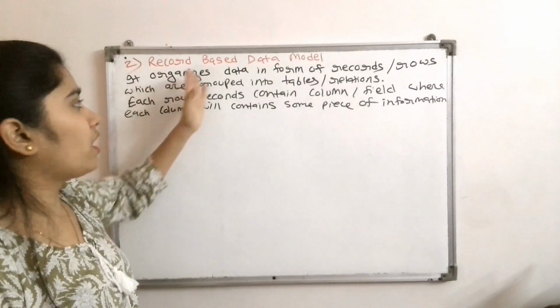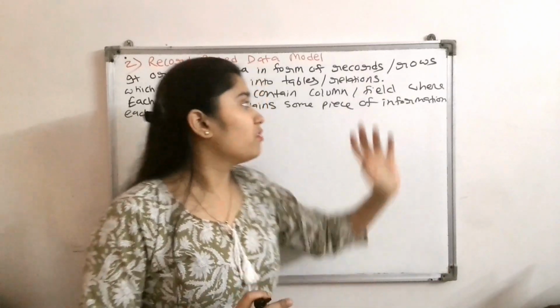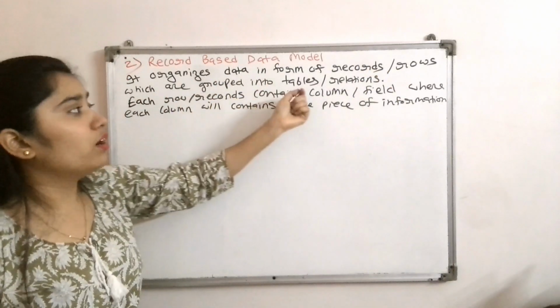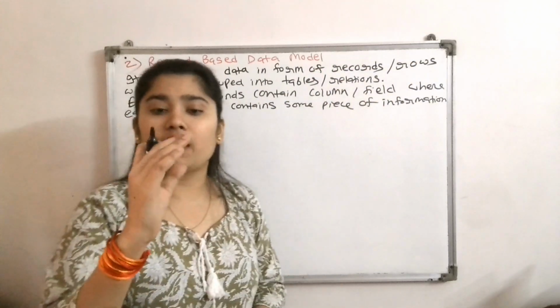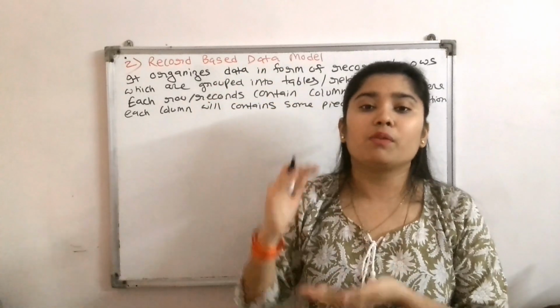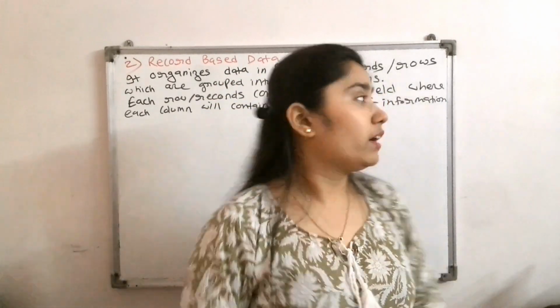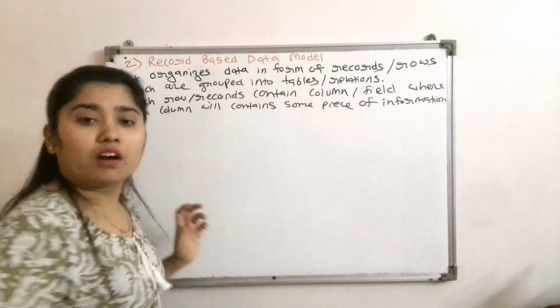See what it tells, that it organizes the data in form of records, which are grouped into tables. Obviously the rows will be grouped into the tables. We will take a first row, second row, third row. So it will be organized in the form of a table. And each row will obviously contain columns.